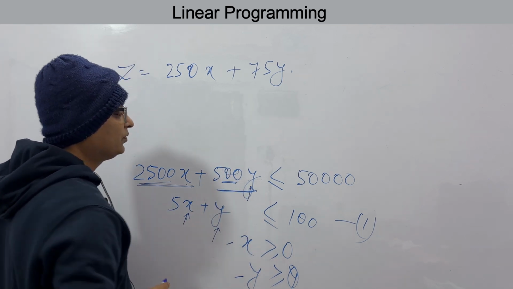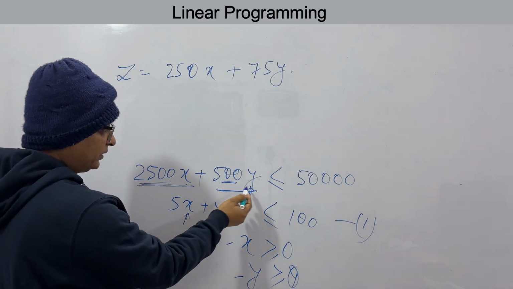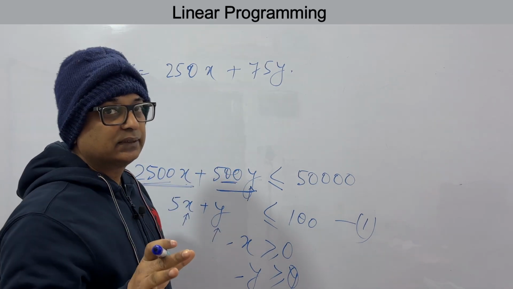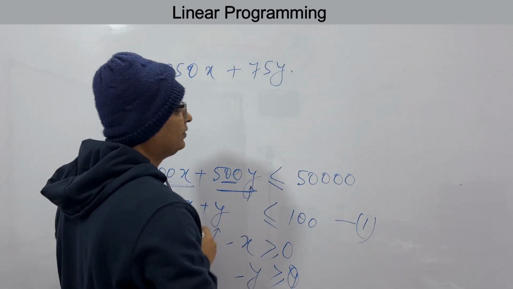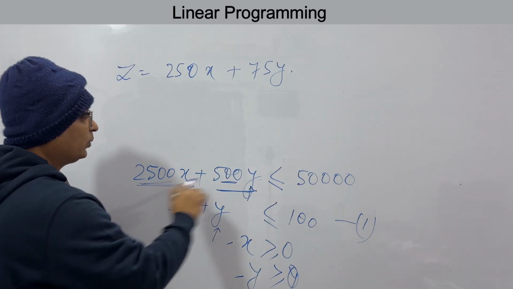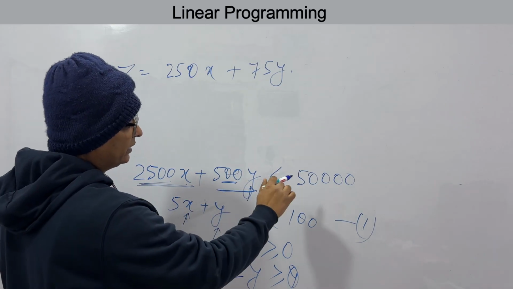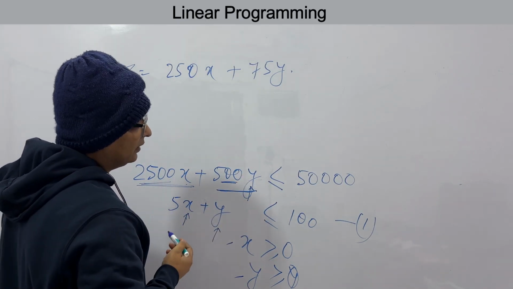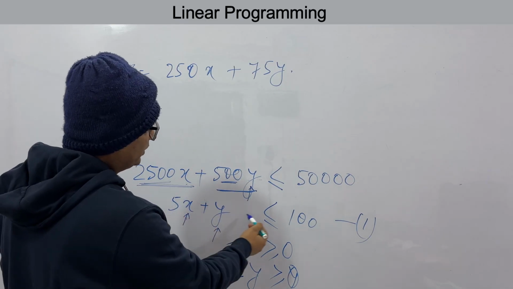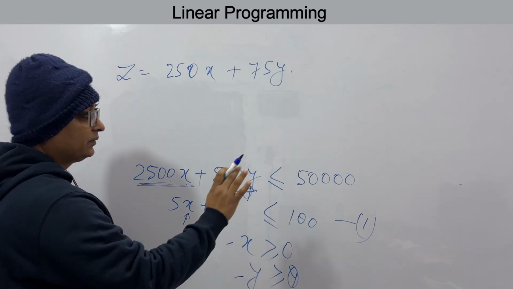So the number of chairs that we have bought, the cost of it is this. Now this plus this is the total cost. Our constraint is that we cannot invest more than 50,000. So this has to be less than or equal to 50,000. So this is the first inequality that the constraint poses. This can be resolved to this 5x plus y less than equal to 100. This is the first constraint.